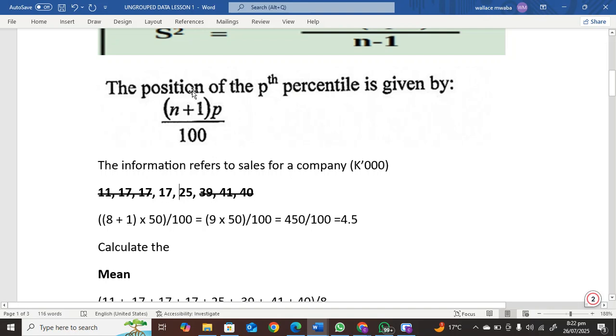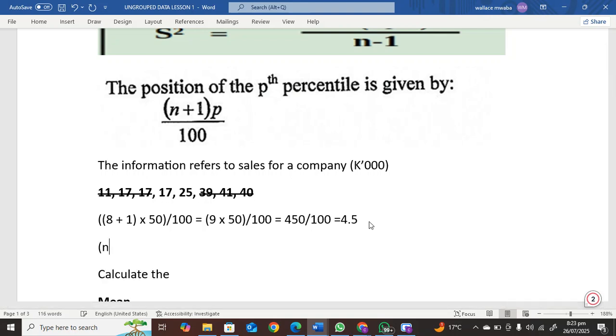Then, in case you forget this formula, there's another formula you can use: n plus 1 divided by 2. This is the shortcut formula. 8 plus 1 divided by 2, that's 9 divided by 2, which gives you 4.5.